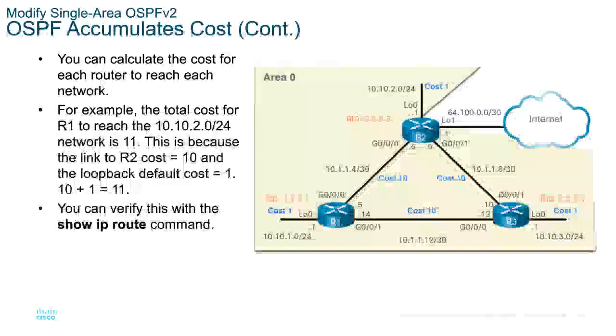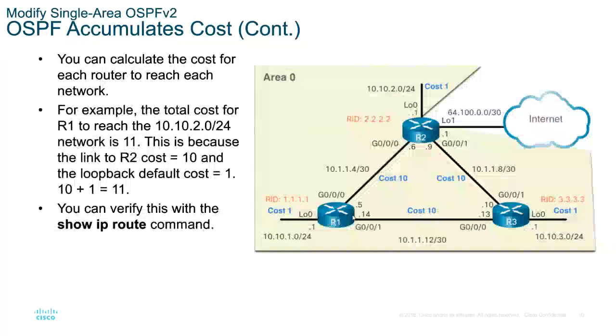If we didn't change the reference, all the cost values would still occur. This would be 1, this would be 1, and you would still have a difference because you'd have a cost value of 2 and 3.